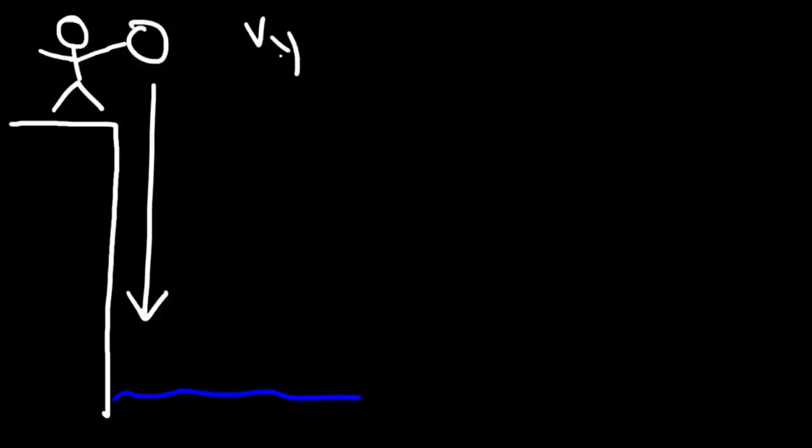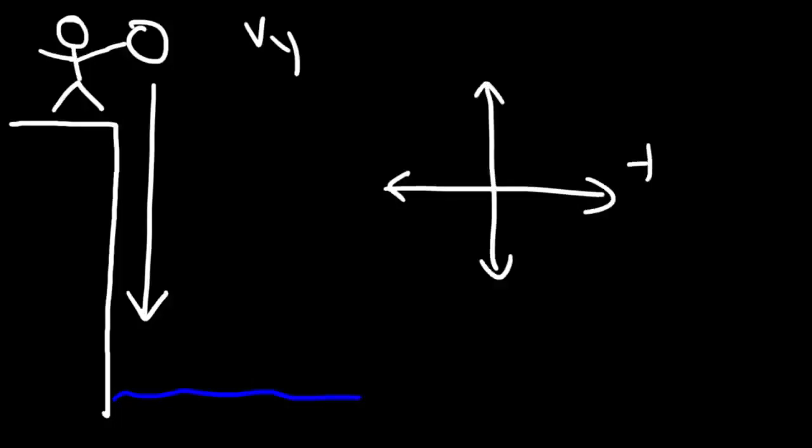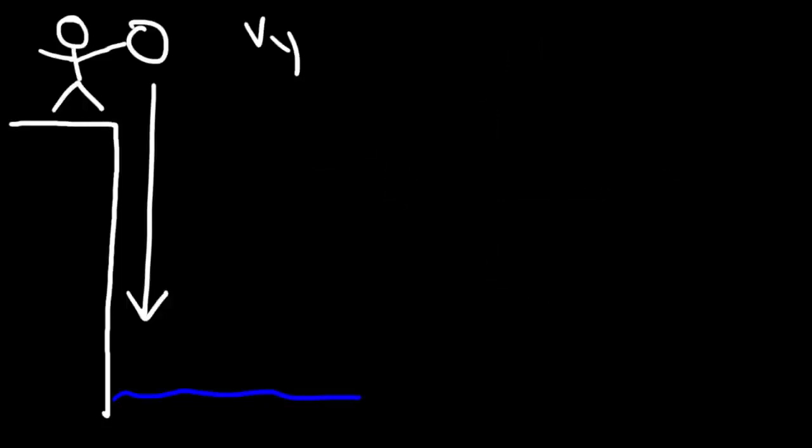Over time, will it become positive or negative? Well, we know that velocity is speed with direction. And right now, the ball is going to be moving in the negative y direction. So this is positive x, this is negative x, positive y, negative y. It's going down in the negative y direction. So Vy will become negative.